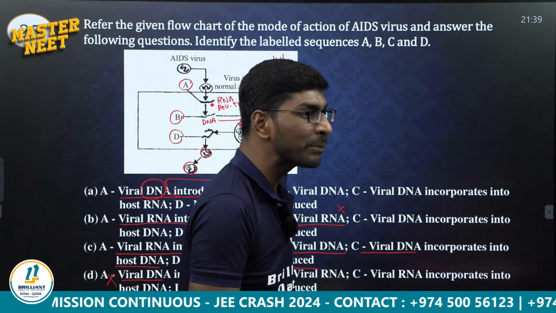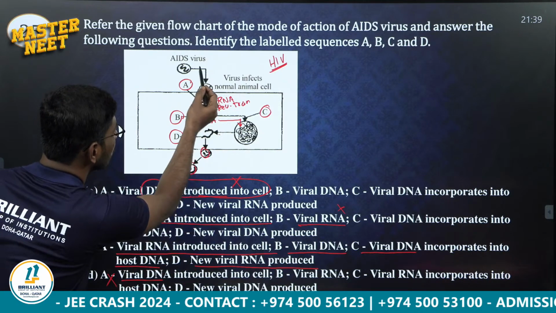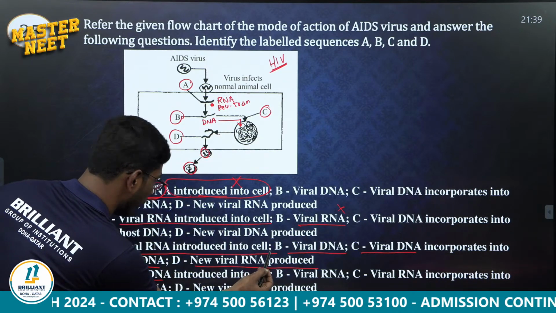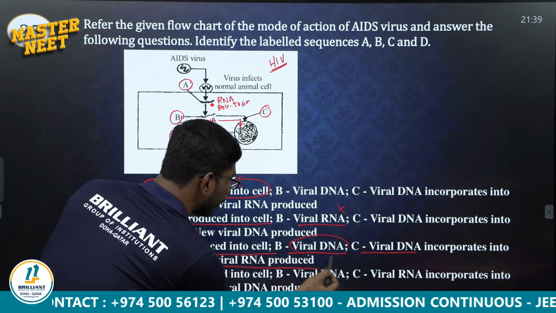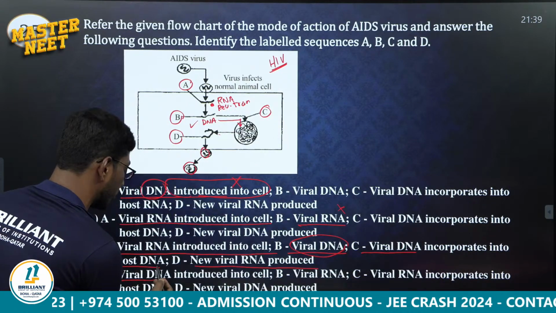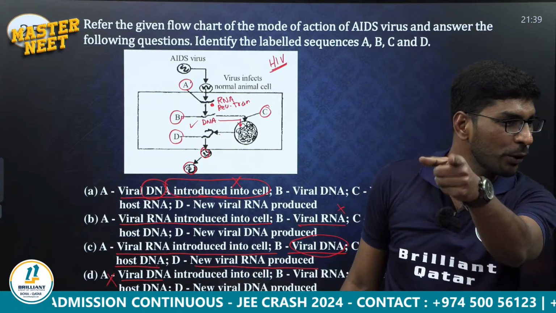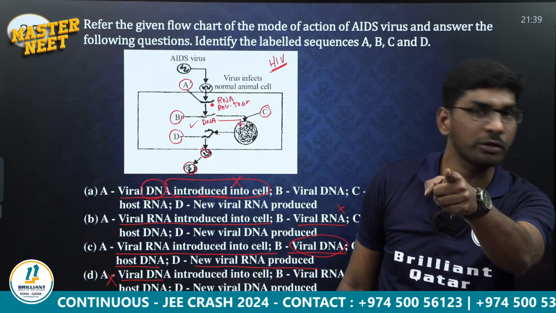Good. Option C. Let me read one more time. See, viral RNA is introduced into the host cell. Viral DNA forms. Look at viral DNA forming. Viral DNA is incorporated in the host DNA. New viruses are formed. I hope you all are cross checking. Very good. You got my point?